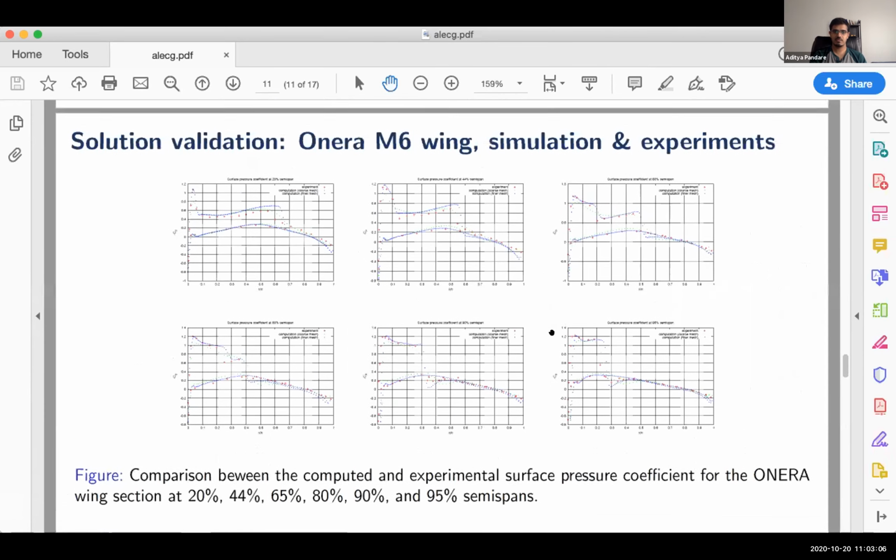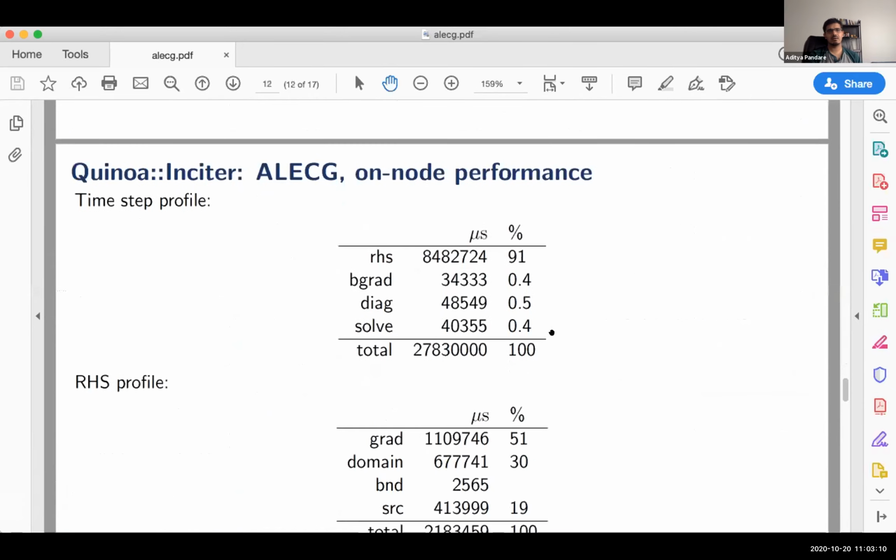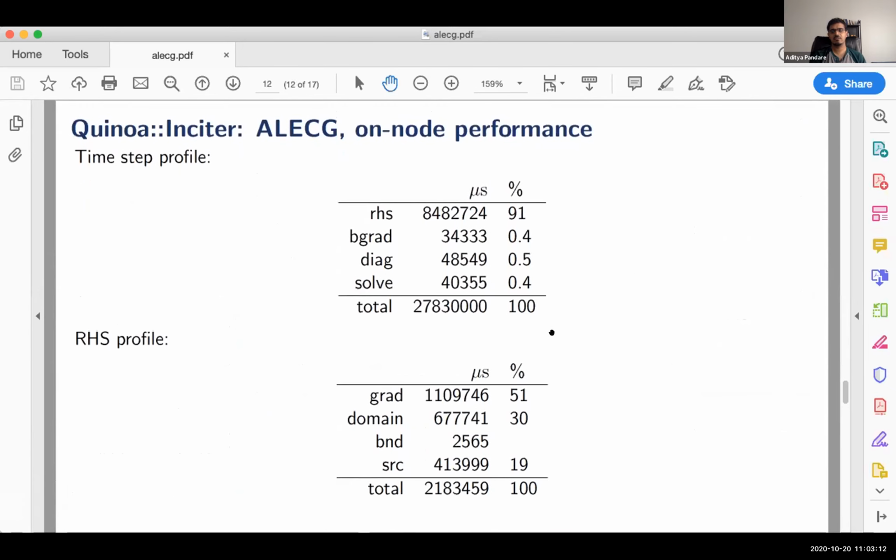agreement with the experiments. So now that we have done some basic verification studies and that we are getting good validation from experiments too, we wanted to do some optimization of the code so that it's efficient. And this slide basically shows that most of the heavy computations were happening in the right-hand side part of the algorithm.